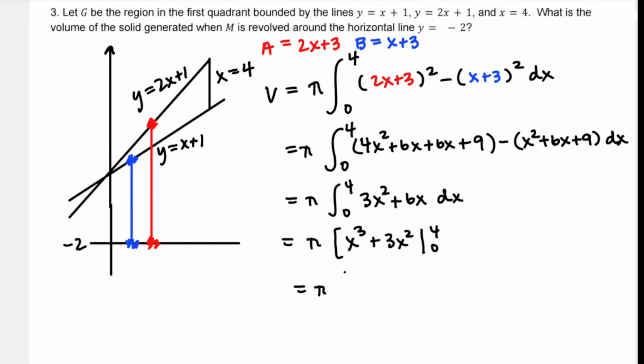Plug in the bounds and subtract. So 4 to the 3 plus 3 times 16 minus 0 plus 0. All right, 64 and 48 is going to be 112. So I've got 112 pi.